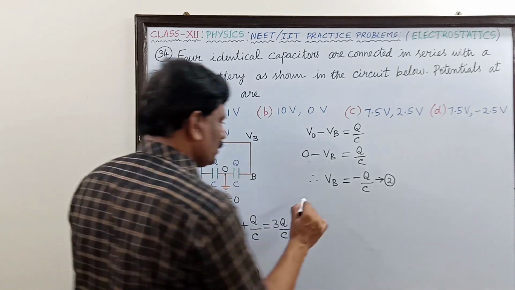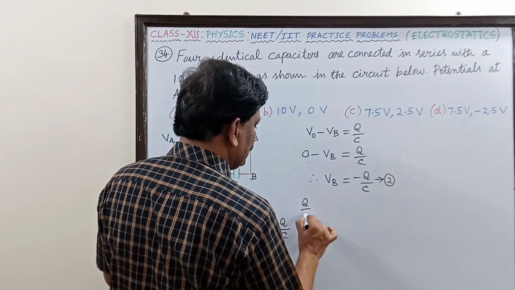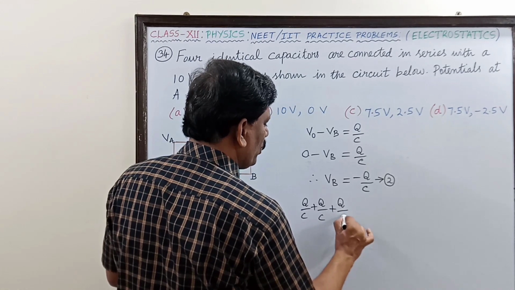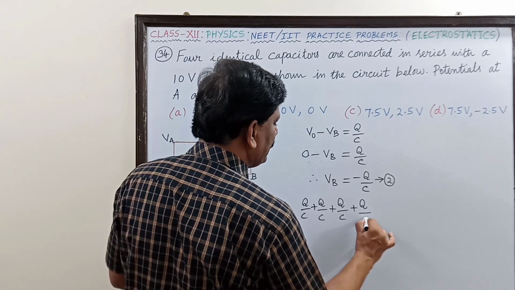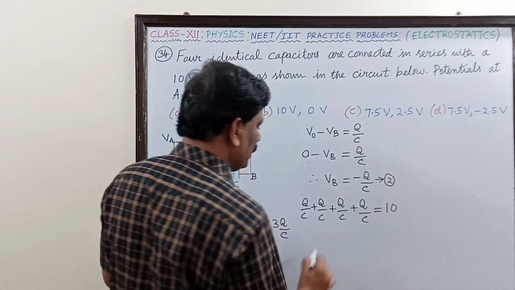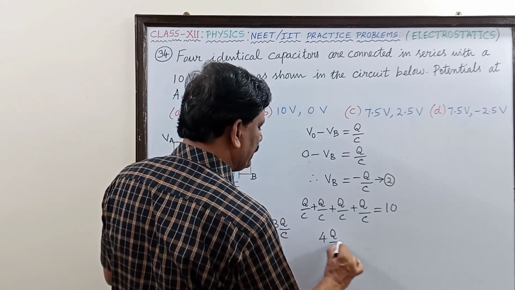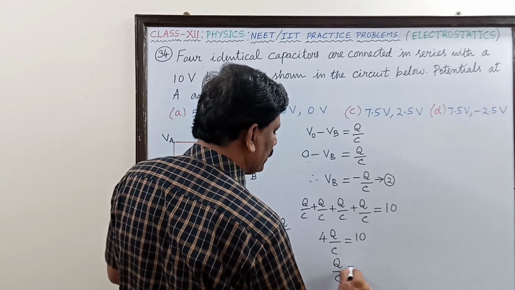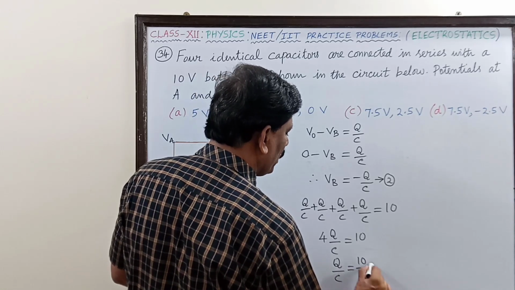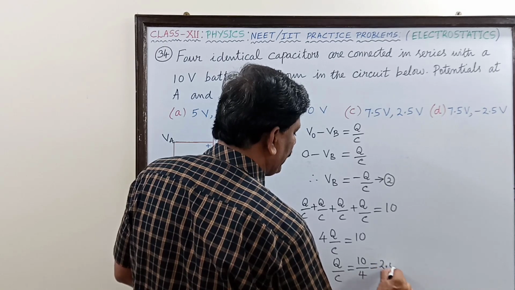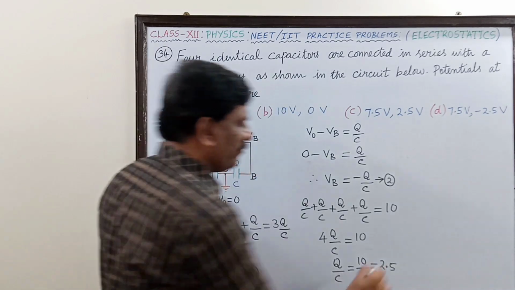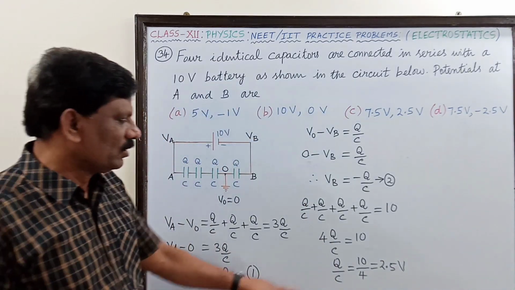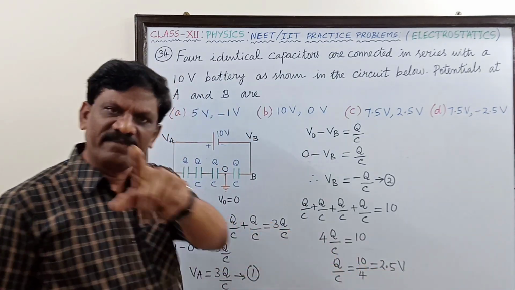So 4 times Q by C is equal to 10, or Q by C must be equal to 10 divided by 4, that is equal to 2.5 volt. Okay. So Q by C is equal to 2.5 volt.